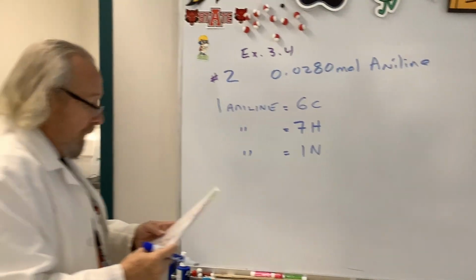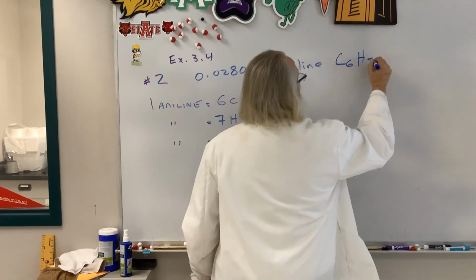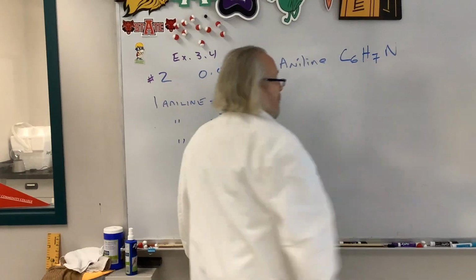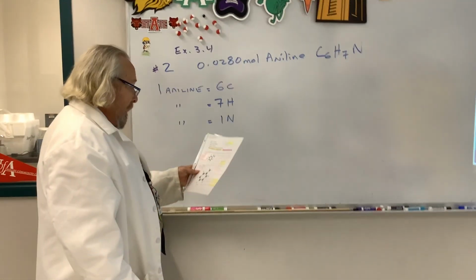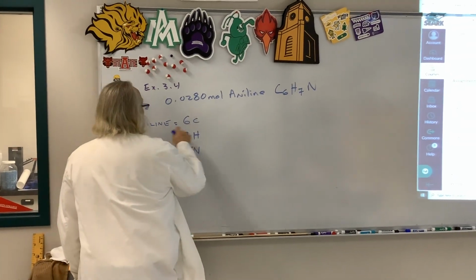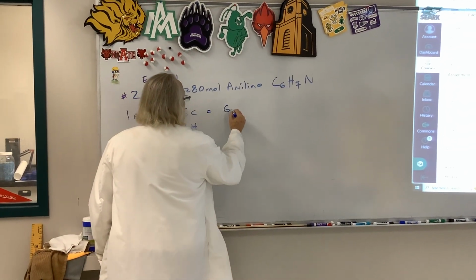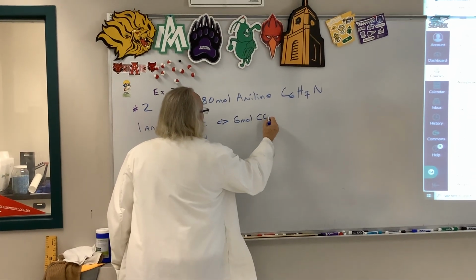And its formula is C6H7N. And there's its structure. Okay? So what does this mean? That means every mole of aniline will produce 6 moles of carbon dioxide.